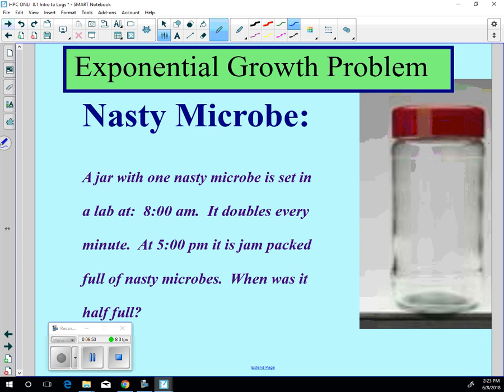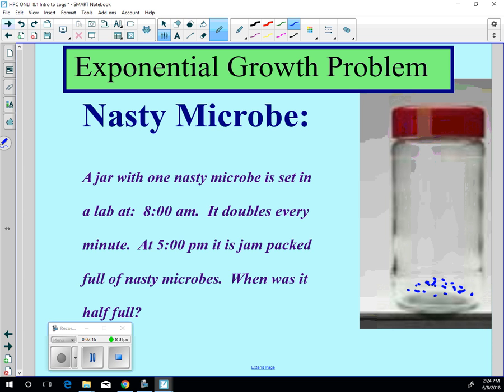We're going to give you a little puzzle here to start with. Let's say I had 1 microbe I set in a jar, and after 1 minute, it doubles to 2. And after another minute, it doubles again, and keeps doubling every minute.